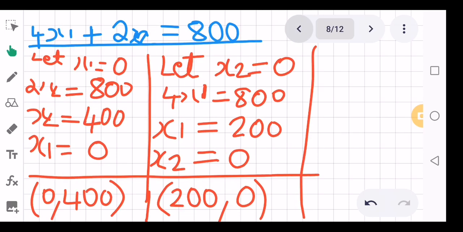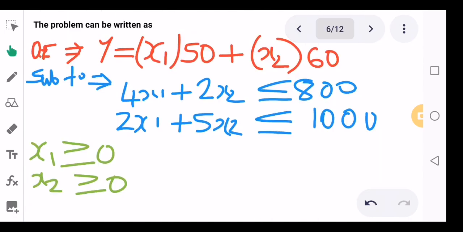Now, what is the objective? Now we have to look at the objective function. After solving the graph and finding the feasible area, that is when you have to look at the objective function. The objective function is the maximum function. You have to maximize profits. Since you have to maximize profit, you would want the highest value over here.